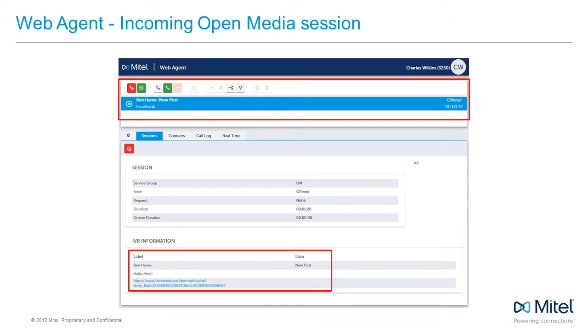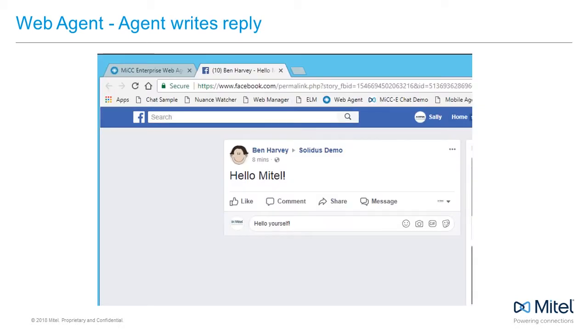And so this is on the agent side of the house, running the web agent interface. They would see that come into their inbox, so to speak. So you can see Ben Harvey, new post coming in from Facebook, is offered, and then if they accept that contact, they then get to see the information at the bottom, who it is and the page in which to respond to this post.